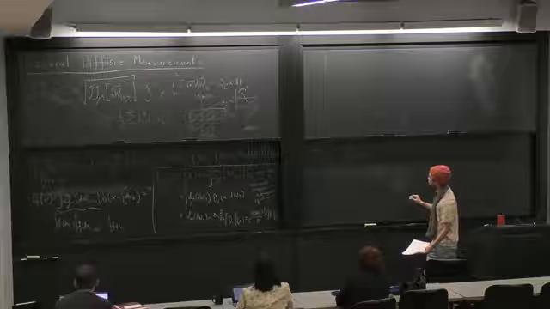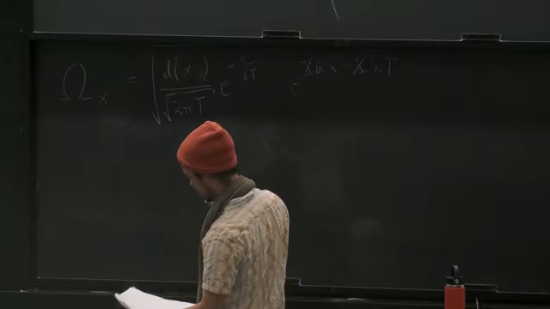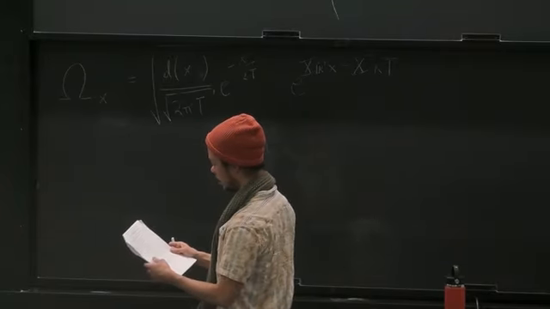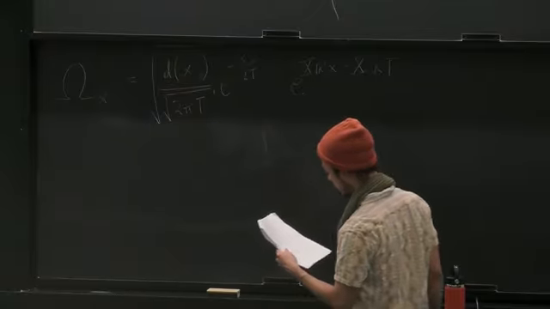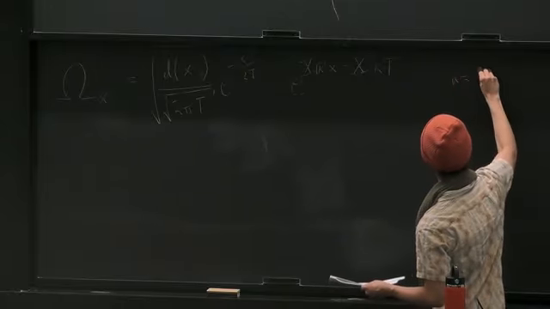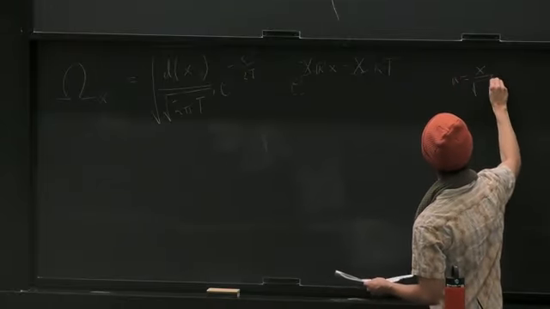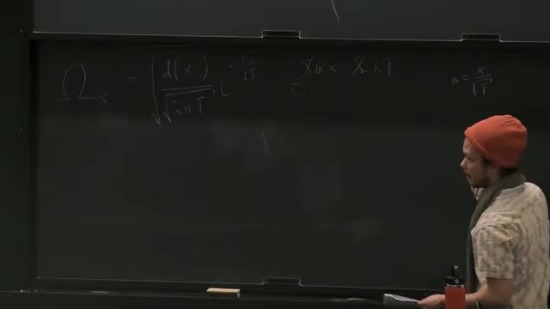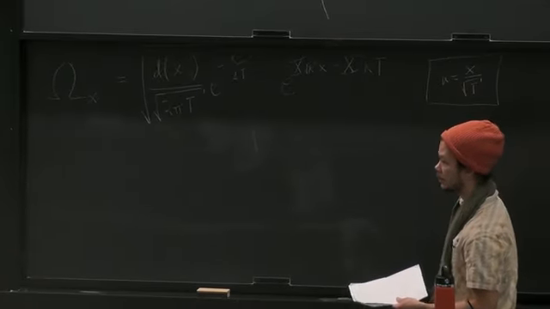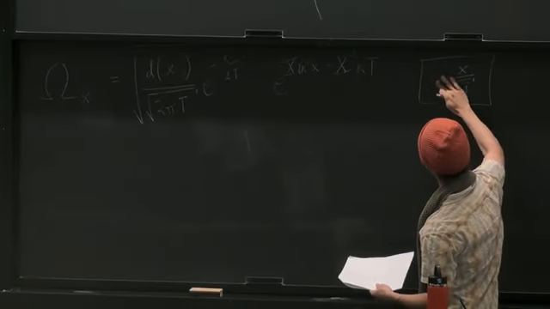So the main thing to write here is, I'm going to define a new random variable, which is u equals x over root t. I'm going to do this because I want to compare this to the Arthurs-Kelly result.